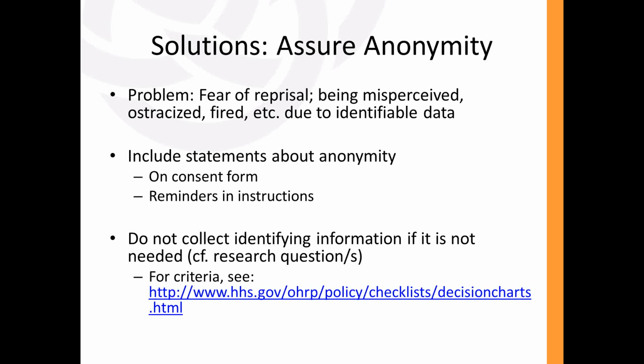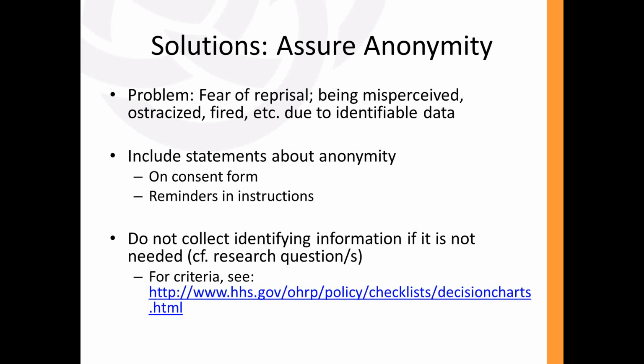There are definitely benefits to having demographic information in your results section, but if that information comes at the cost of not being able to collect valid data, it might not be worth it. There are some criteria about whether or not you need to have identifying information on the consent documents at the Health and Human Services website that the federal government publishes, and this is what the IRB also follows.